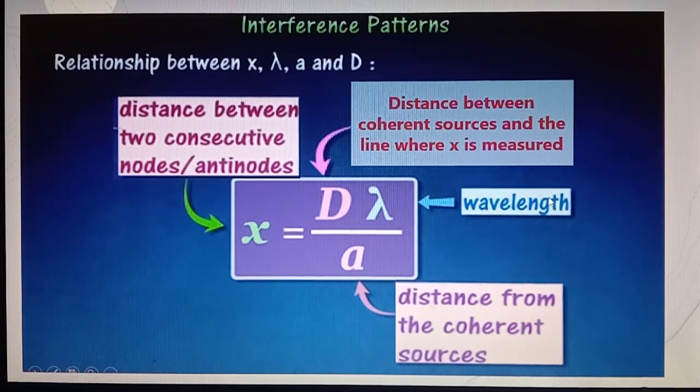Lambda is the wavelength, meaning the distance between two consecutive wavefronts for crest or trough. And small a is the separation distance between the two coherent sources, meaning the distance between S1 and S2. We use this formula to describe the interference pattern.